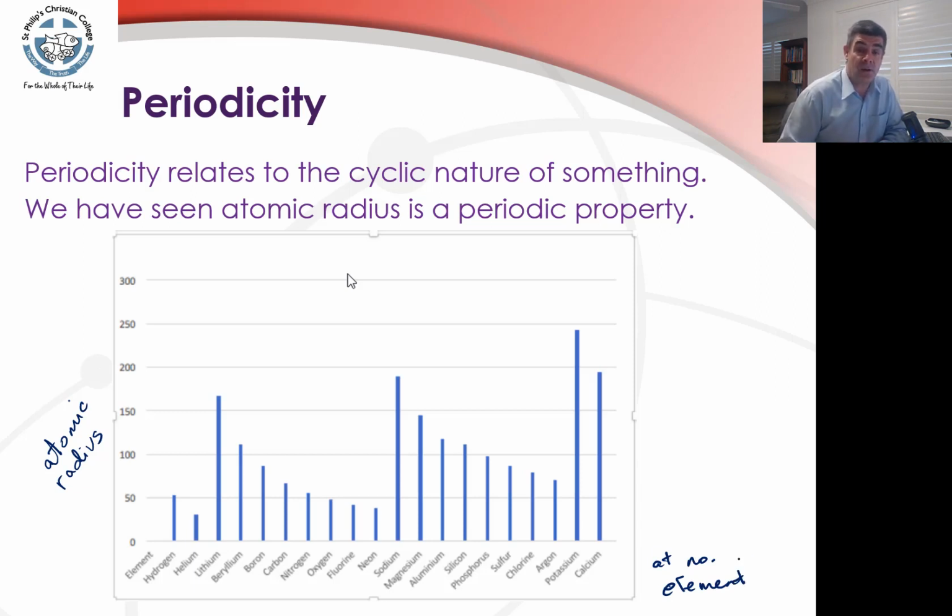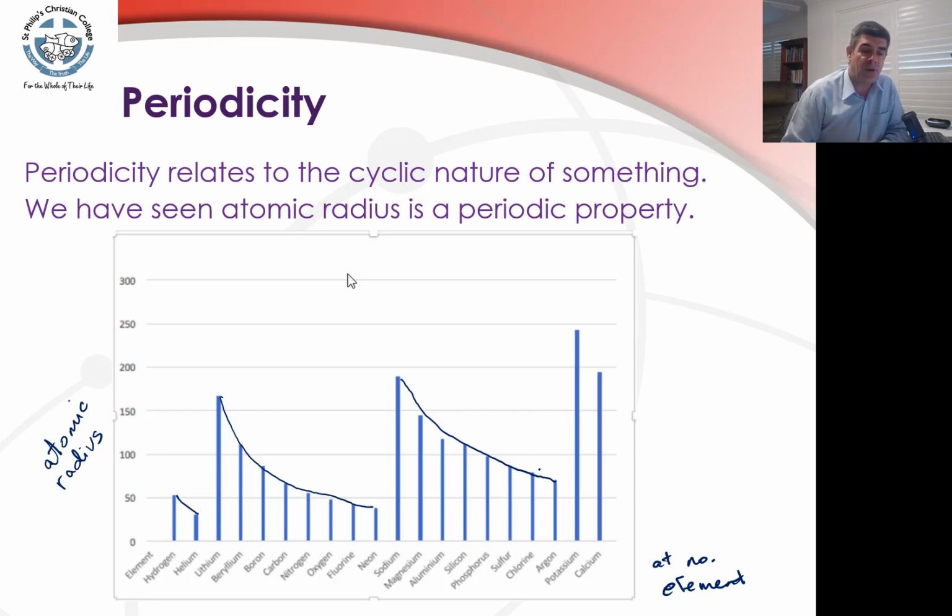You could also, or column graph, you could also have used a line graph, which would have also showed this pattern. But what we are seeing is that as we start each period, so period 1 has just hydrogen and helium in it, and then period 2 runs from lithium all the way down to neon, and then period 3 from sodium all the way down to argon. And if I draw those little lines in, you can see that this is a very consistent pattern.